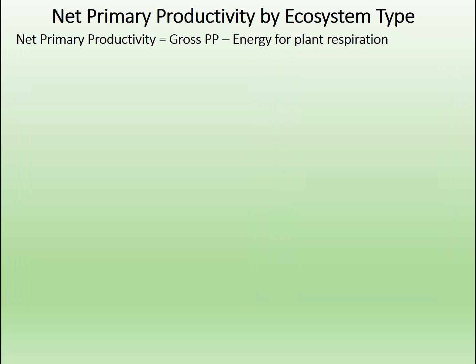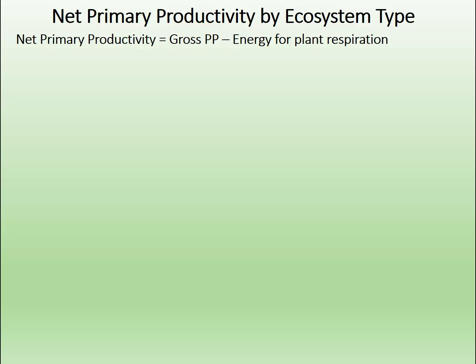As we discussed in Chapter 2, heat energy from the sun is converted to chemical energy, or sugars, through the process of photosynthesis. This process of photosynthesis is called primary production, because it is the first production of food or chemical energy in the food chain. The total amount of chemical energy produced by autotrophs is called gross primary production.